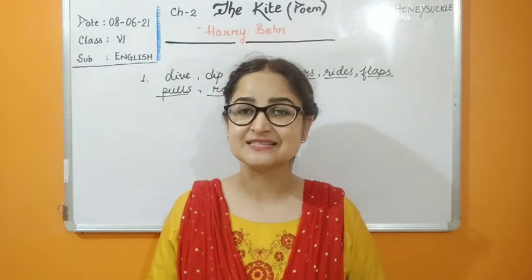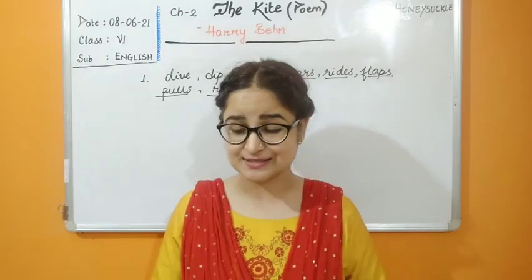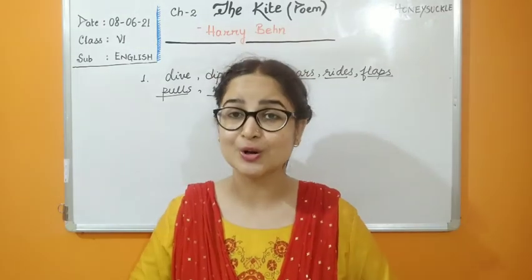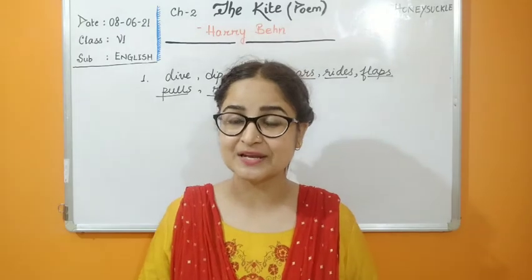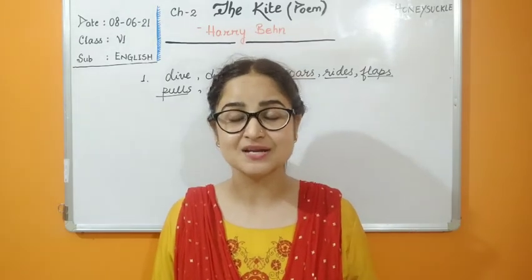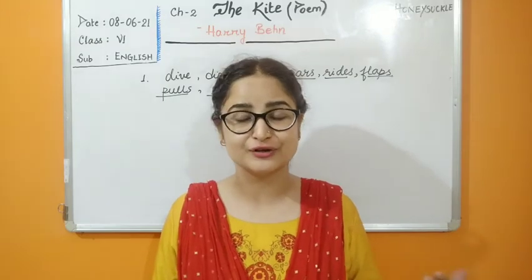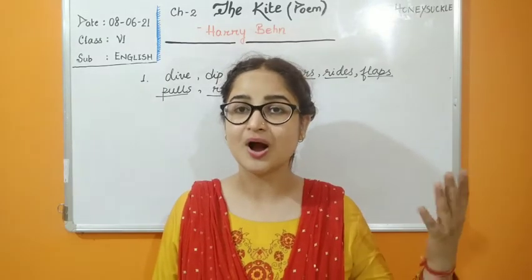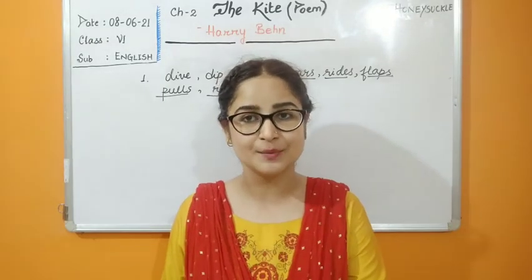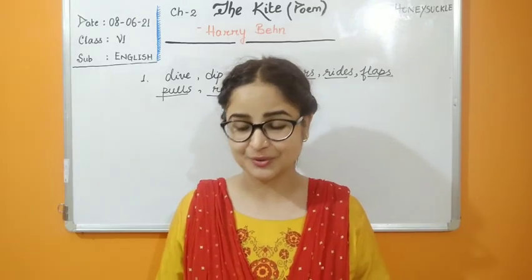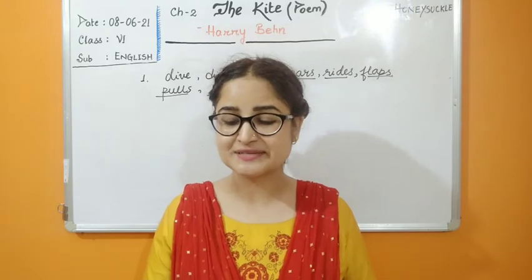I have already told you what is a simile. Simile is the comparison between two unlike objects, two objects which are very different from each other. So a kite is compared to a ship. They are totally different objects. So this is called a simile.